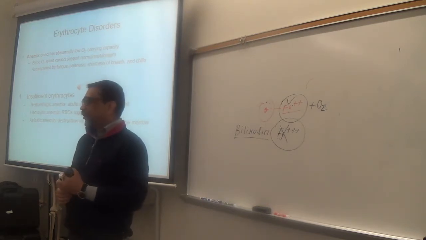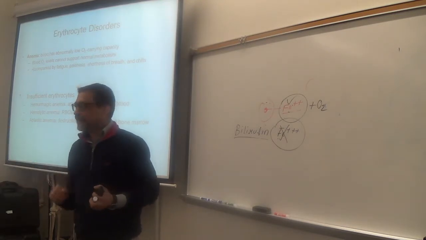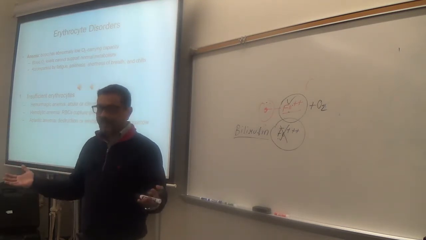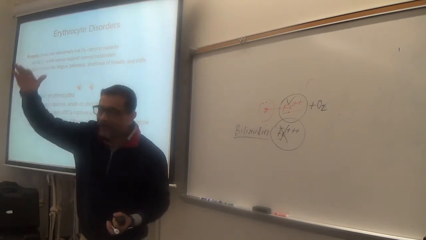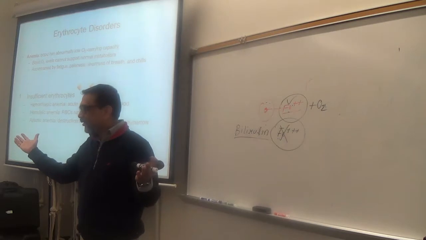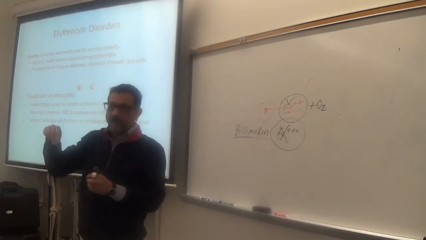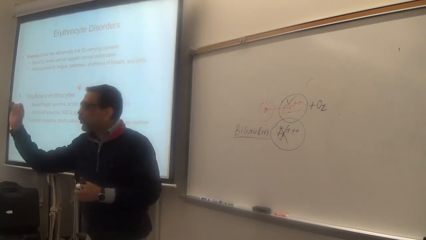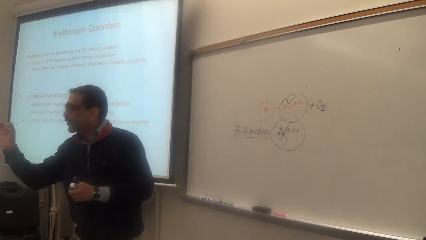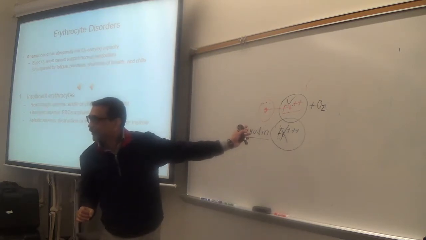Very simple. Now you tell me, who transports oxygen? Which type of cells? Red blood cells, right? So if red blood cell count is low, that will cause anemia. Now you tell me, if I go more inside, which component of red blood cell transports oxygen? Hemoglobin, right?